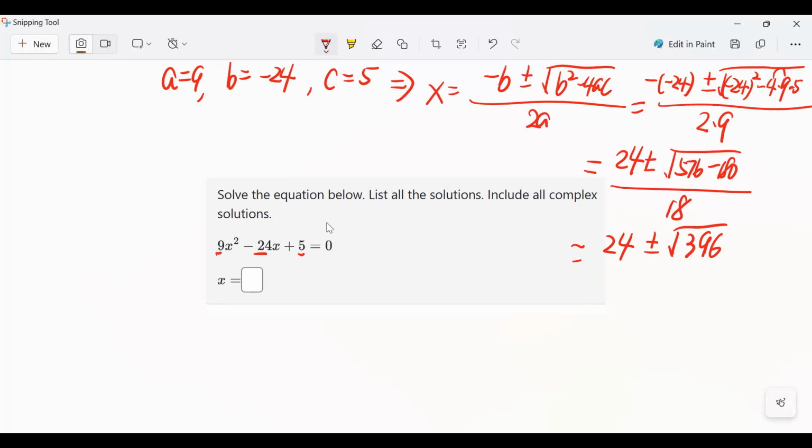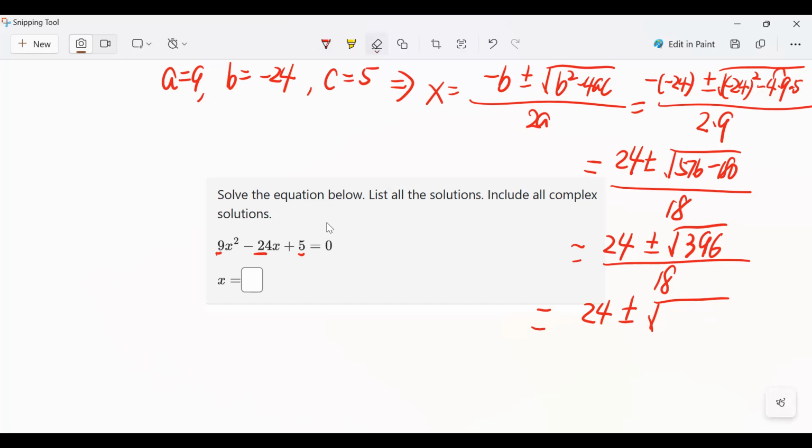And we still gotta simplify a little bit more on the radical part. 9 goes into this, right? 9 times 44, yeah. So that means 36 goes into this. It's better we use 36.